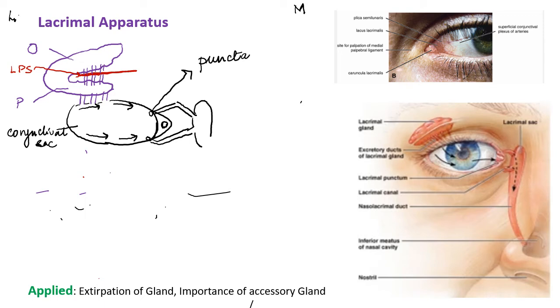Again, if you remember, the lacrimal sac was being squeezed by the orbital part as well as the lacrimal part of the orbicularis oculi muscle, ensuring the drainage of the tears which entered from the superior and the inferior canaliculi into the lacrimal sac, to ensure their movement downwards.